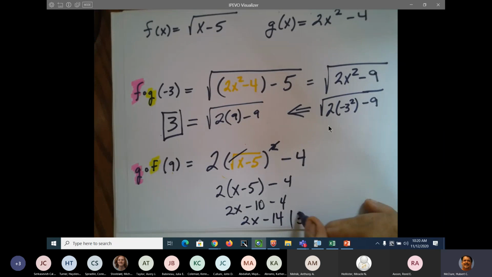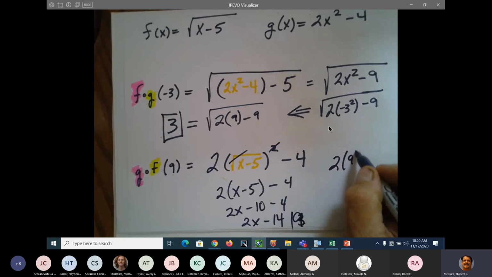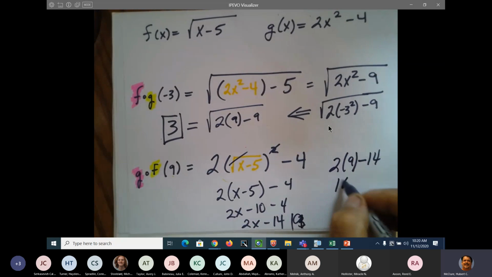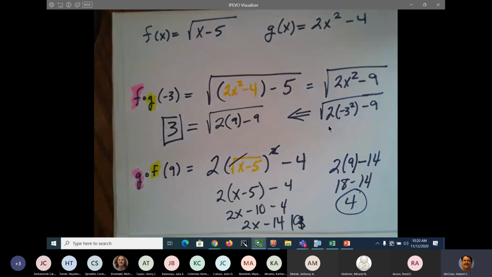So that'd be 2 times 9 minus 14, which is 18 minus 14, which is 4. I'm going to leave that up for a few seconds. And that should be a 3 and a 4.